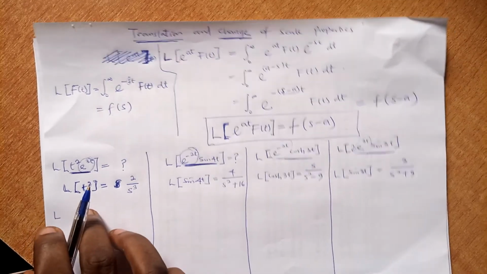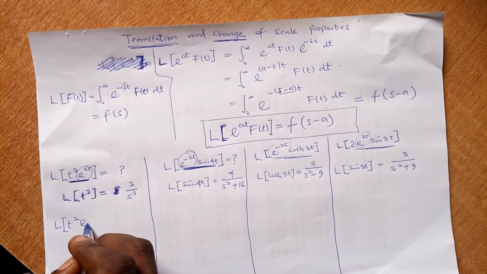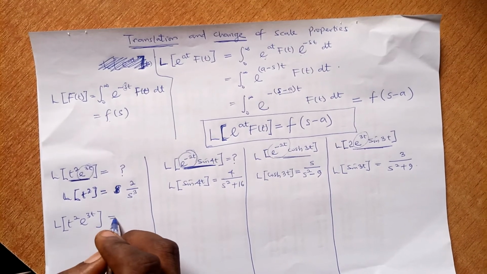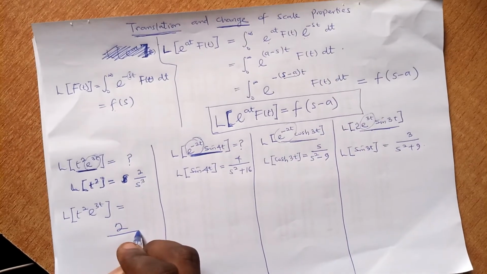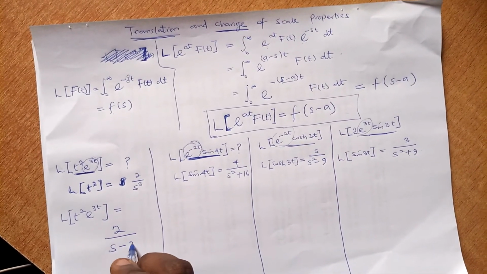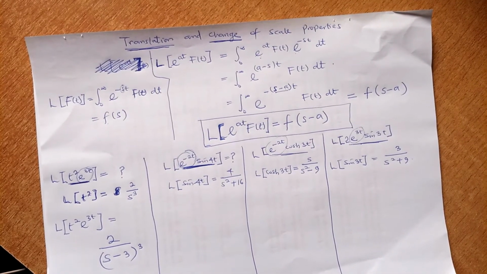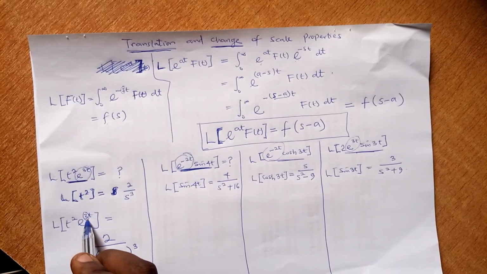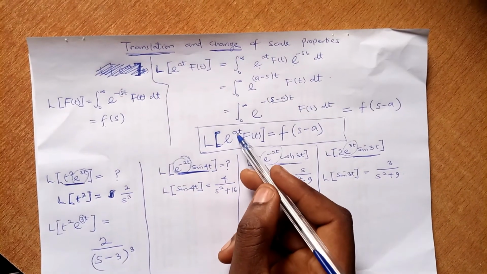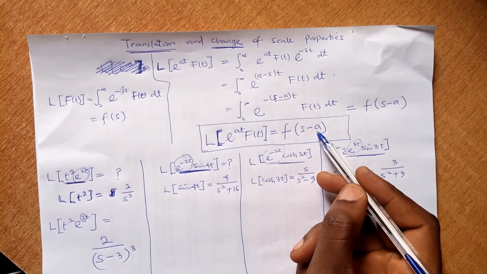Now, the Laplace transform of t squared e to the 3t will now give you 2 divided by x minus 3 raised to power 3. Can you see that? Look at my 3 here. This 3 here is the same thing as a in this case. So when this one is a, we have to have x minus a, right?